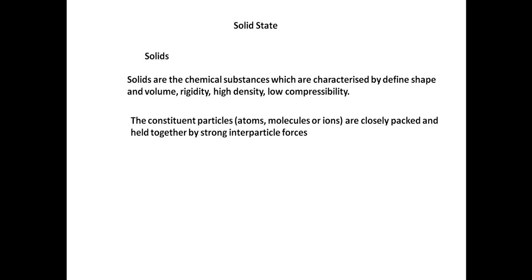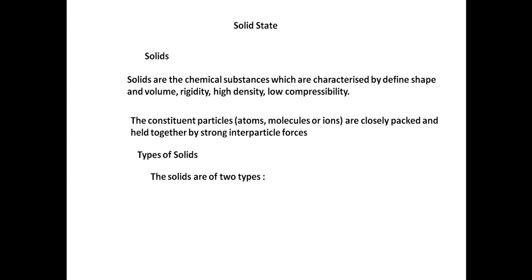The constituent particles in solids, that could be atoms, ions or molecules, are closely packed and held together by strong interparticle forces of attraction. That is why they have high density, low compressibility, high rigidity, definite shape and definite volume.